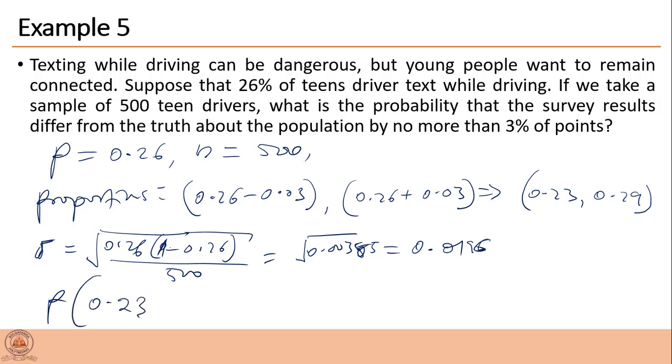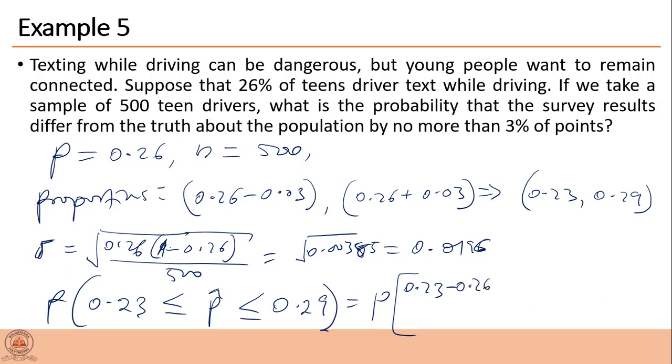So we calculate the probability of P between 0.23 less or equal to the estimated value of P less or equal to 0.29, and this we put in the Z formula as 0.23 minus 0.26 all over 0.0196 less or equal to Z less or equal to 0.29 minus 0.26 all over 0.0196.